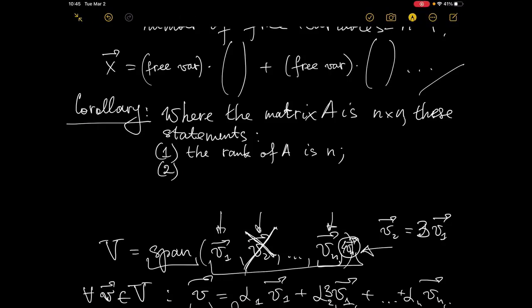Second, A is non-singular. Third, the rows of A form a linearly independent set.